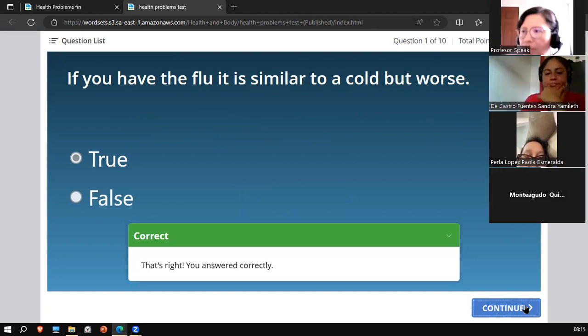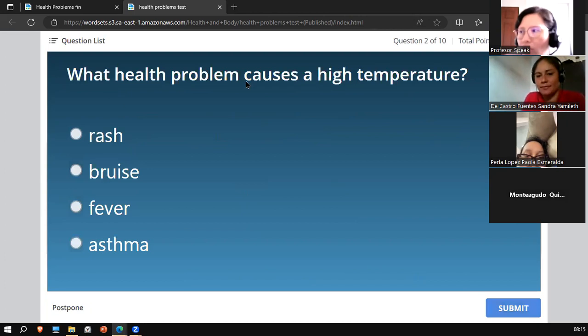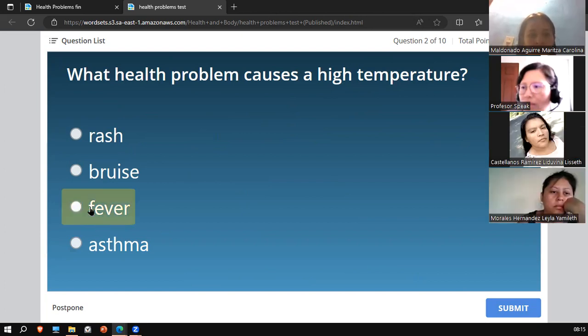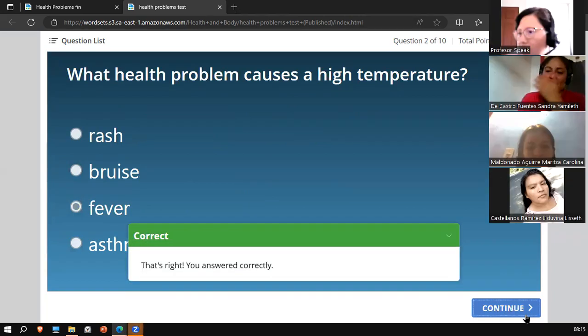Vamos a la siguiente. What health problem causes a high temperature? Fever. Maritza? A fever. Very good. Fever, right? That's right. You answered correctly, right?